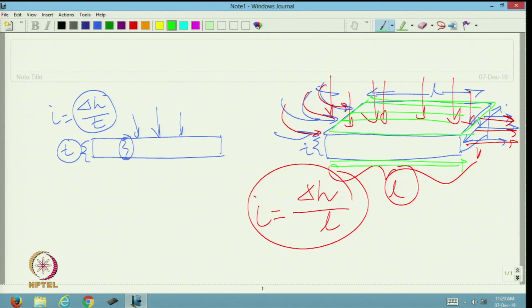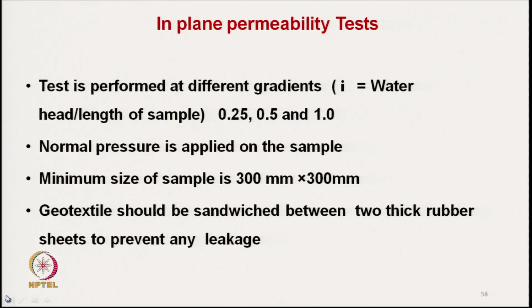This is just to ensure that the water which is coming from one side flows through the plane, along the plane. It should not come out from the side. That is why the geotextile is sandwiched between 2 thick rubber sheets.